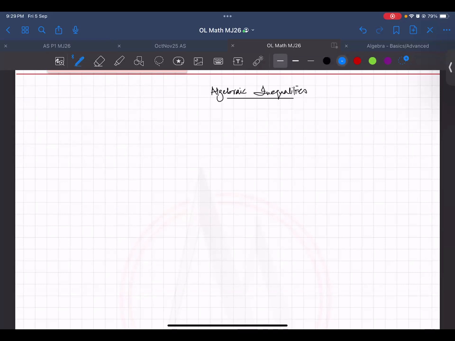Inequality is when you have greater than, greater than or equal to, less than, less than or equal to. First of all, everyone should know what is what, which shape is which. So x is greater than 5. This is how you would read this.